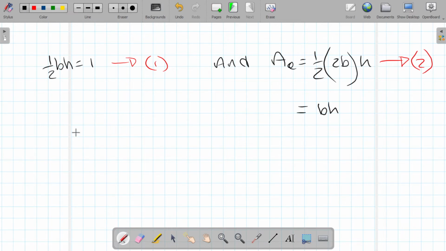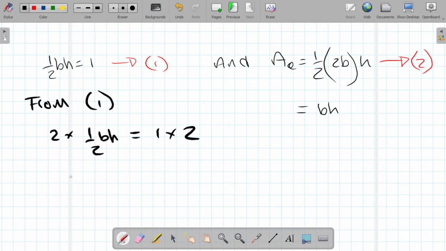Now, from equation 1, BH equals 2. You multiply both sides of equation 1 by 2, and we find that BH equals 2.